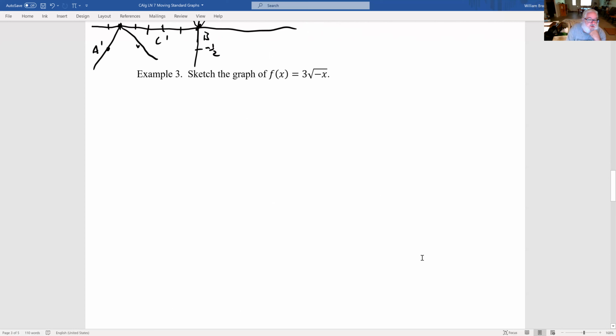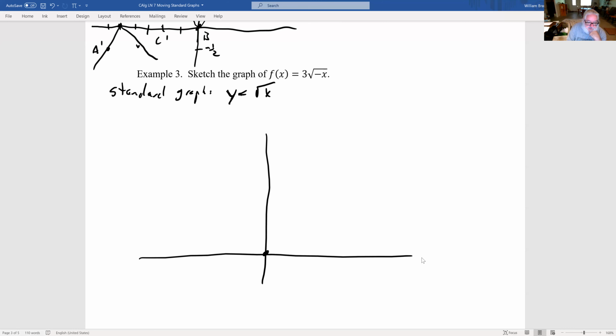So finally, this one, what's the standard graph that we've manipulated? We start with y equals square root of x. And so we'll start by drawing in y equals square root of x. And this is a and this is b.